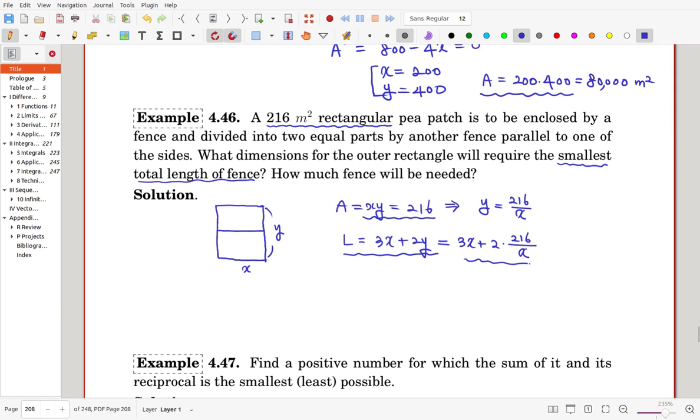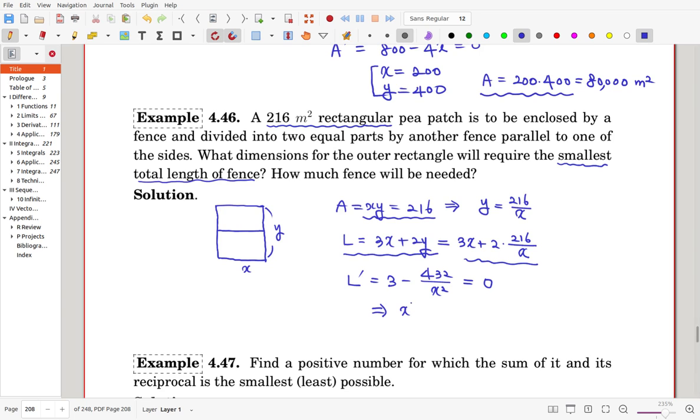Now it is a function of x, so we can use the derivative technique. That is 3 minus 216 times 2, which is 432, divided by x squared, equal to 0.